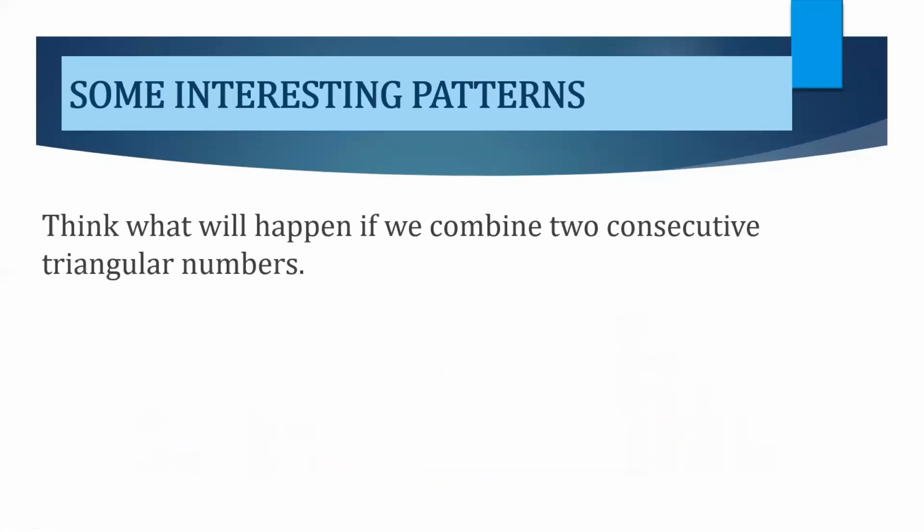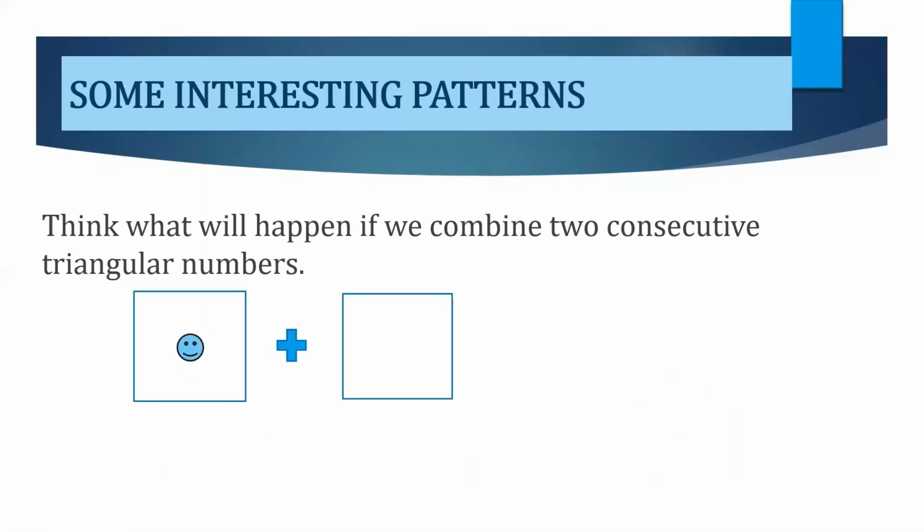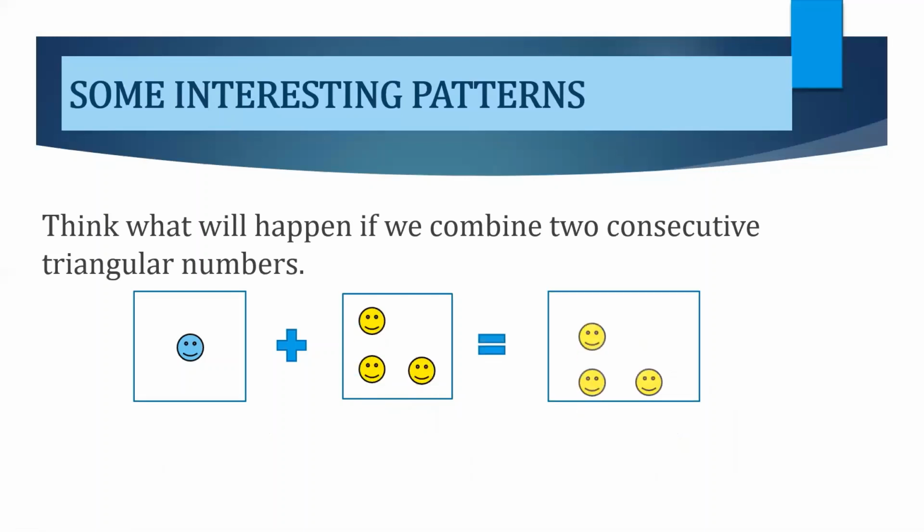So let's observe what happens if we combine two consecutive triangular numbers from the previous slide. Here, 1 plus 3 is equal to 3 plus 1, so the total number of smileys we get is 4.